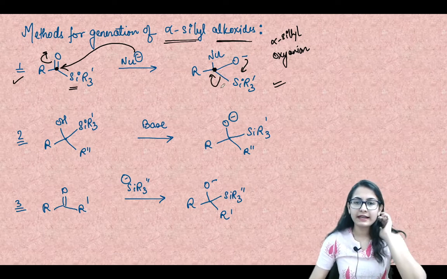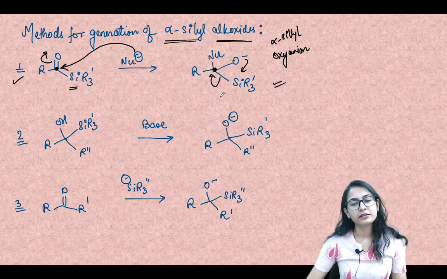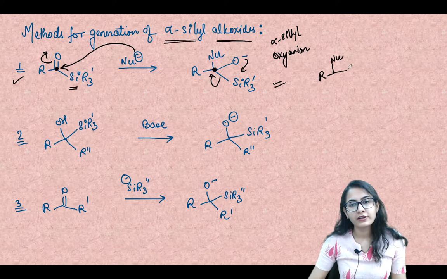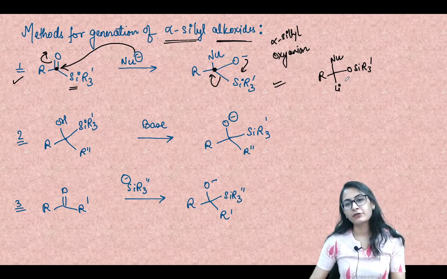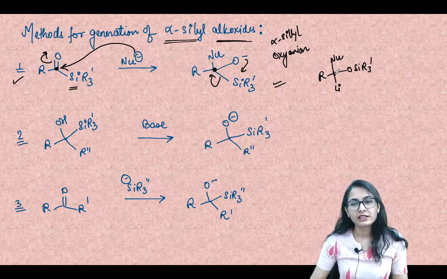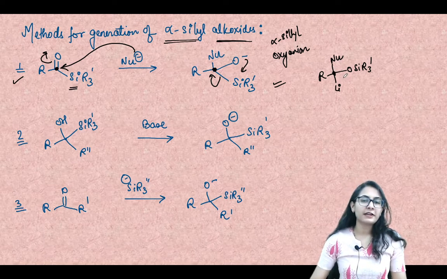Alright, I'm showing it directly, although it goes through a pentacoordinated silane intermediate. But yes, you can write it directly just for writing the mechanism in short, OSiR3. And this is your carbanion right over here, let's say, which is stabilized by lithium or any other counterpart cation. So basically this carbon now has the anion.